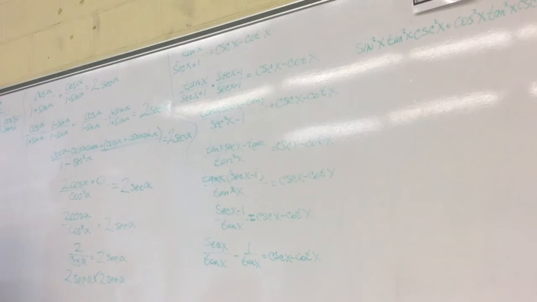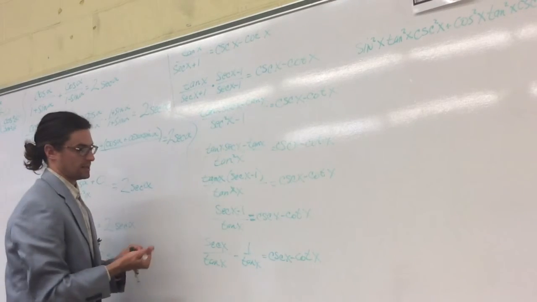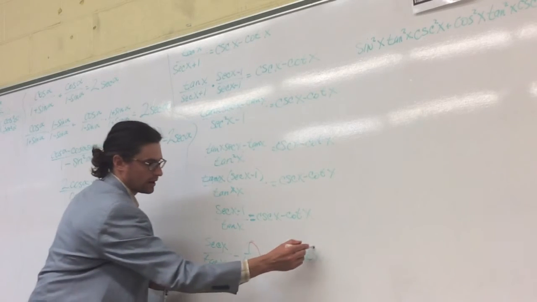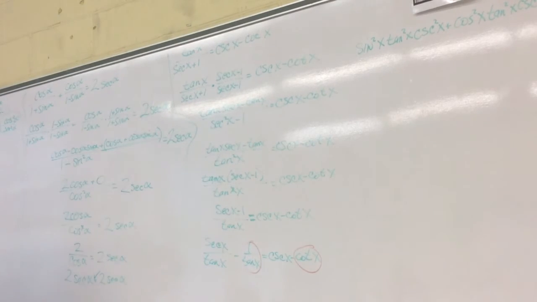Which is where you would have been if you decided to write that as 1 over cotangent. 1 over tan x is cotangent x. So we can see that we got this part and that part to equal. So we just need to make secant x over tan x equal to cosecant x. Well, tan x equals sine over cosine.